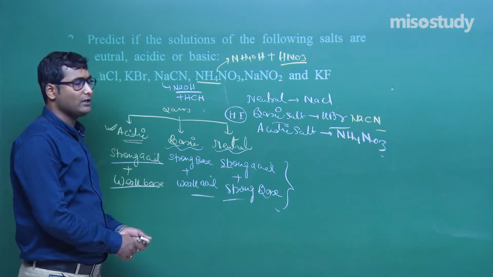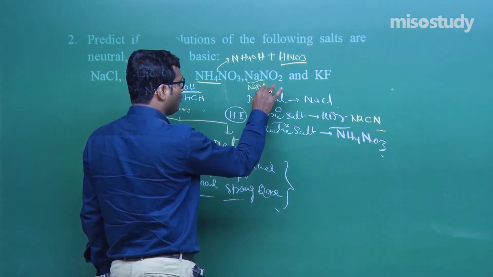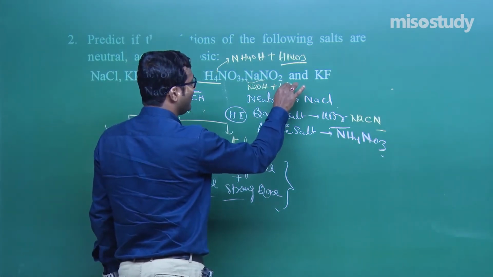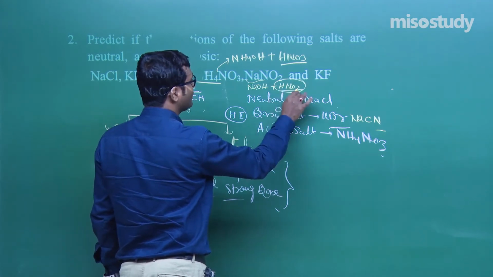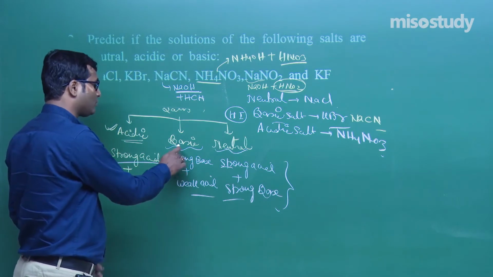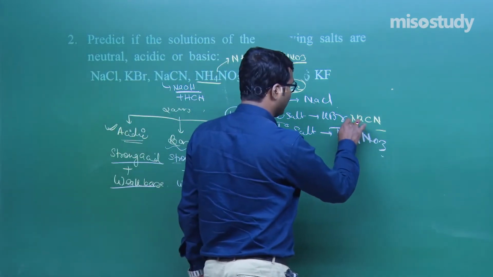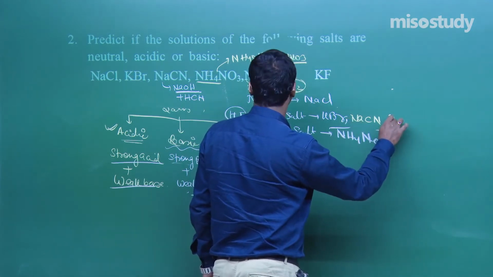Now what about NaNO2? NaNO2 comes from NaOH plus HNO2. Nitrous acid is not so strong, but NaOH is strong. So NaNO2 is a salt of a strong base and a weak acid, my friend.